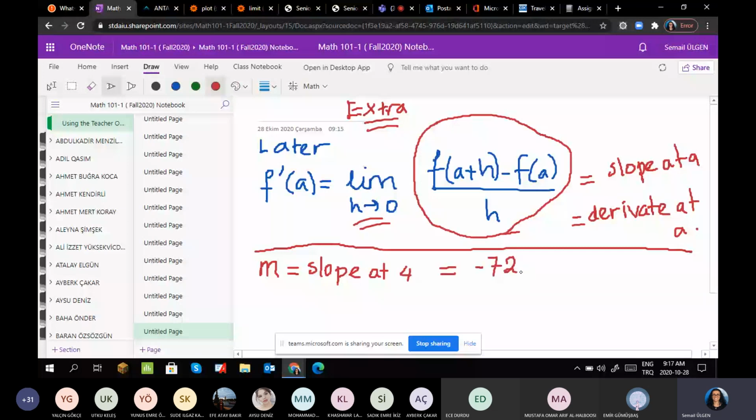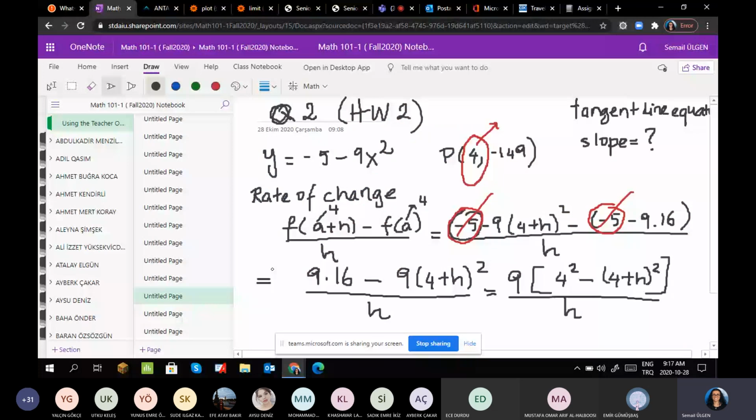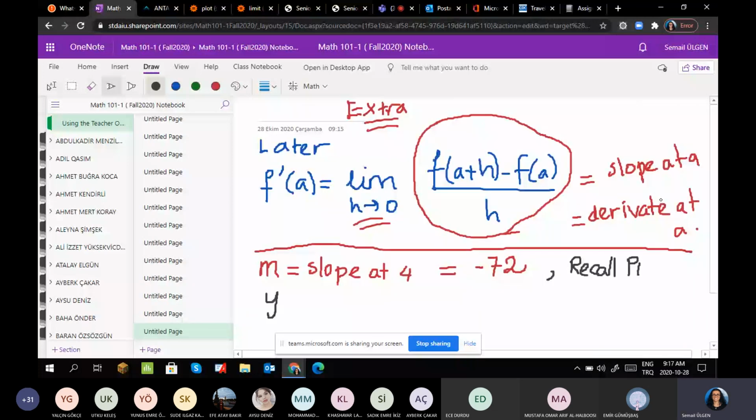Now let's write the tangent line equation. Recall the point P. What was it? 4 to negative 149. Okay, 4 to negative 149.